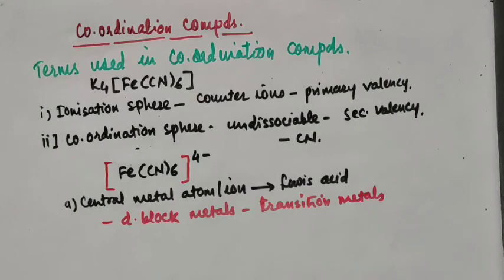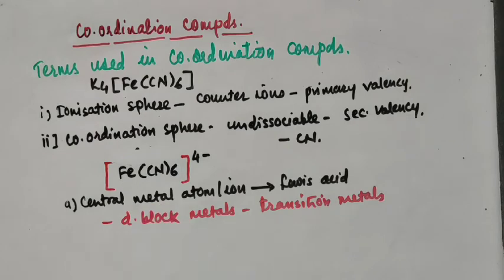They have more space to accommodate the incoming electrons. So only the transition metals can form coordination compounds, as there is an empty d block in which they can accommodate the accepted electrons which are donated by ligands.